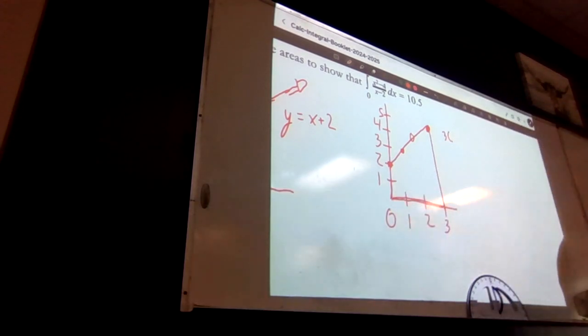I'm going to do the average of 2 plus 5, divided by 2, which equals 3 times 7 over 2 equals 21 over 2, which is equal to 10.5.